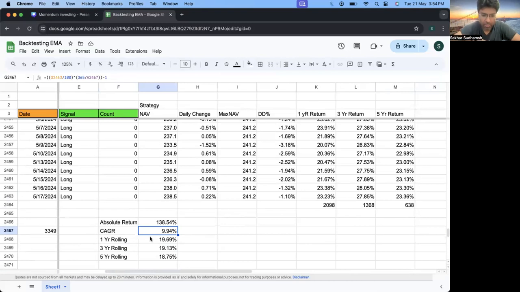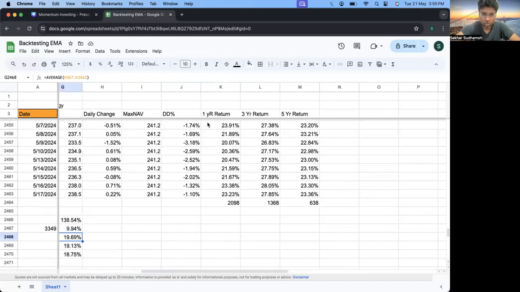A retail investor would not necessarily come and invest on the exact start date and exit on the end date. They might come at any point of time in between and exit at any point of time in between. So if someone comes in and stays exactly for 1 year, or maybe 3 years or 5 years, what would their returns look like? To check that number, 1-year, 3-year, and 5-year rolling returns are a better way to calculate them.